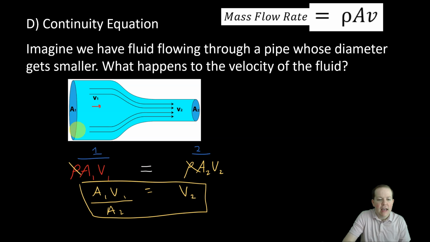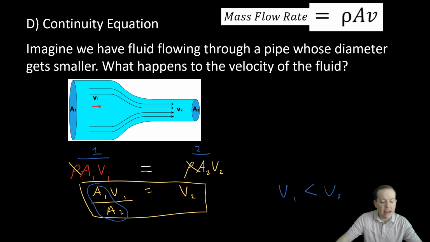Team, notice A1 is bigger than A2. So if I was to highlight this section, this fraction is bigger than 1. So that means V2 is equal to V1 multiplied by some number larger than 1. Simply put, V2 is going to be greater than V1.